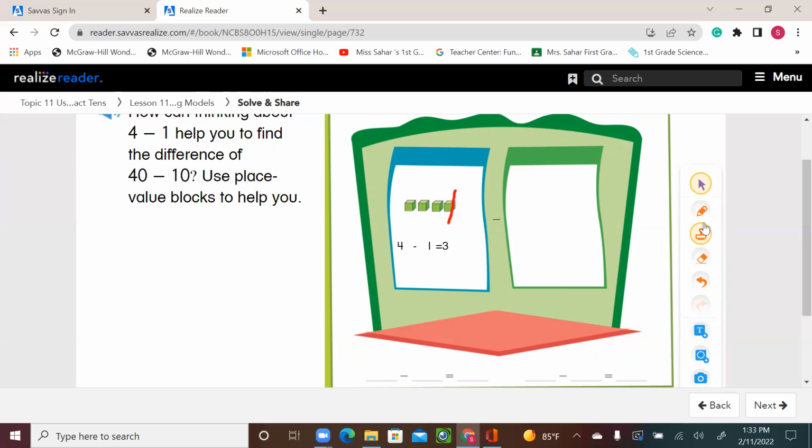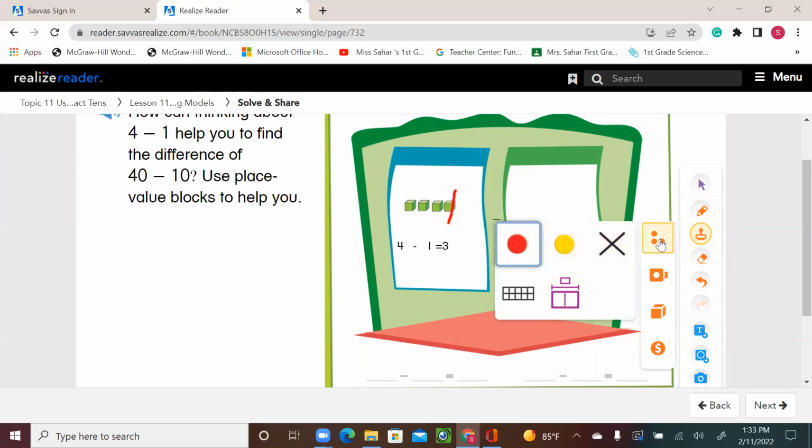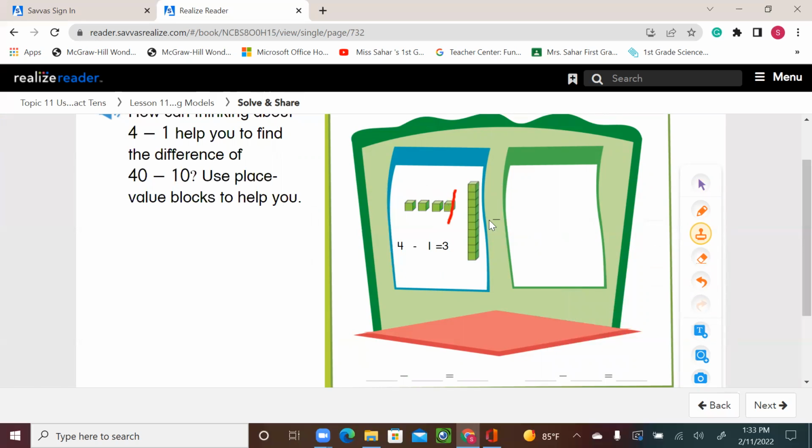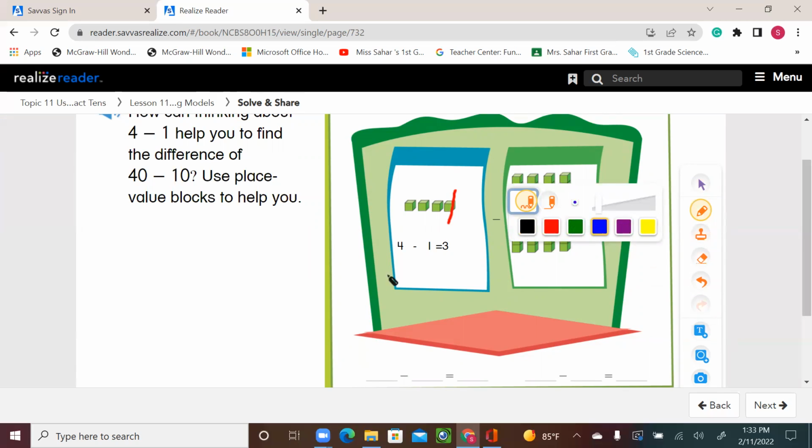So let's see how this will work with the tens again. I'm going to use tens. So 4 ones, like 4 tens. So 10, 20, 30, 40. Take away 1 ten, or minus 1 ten. So I'm going to take 1 ten.